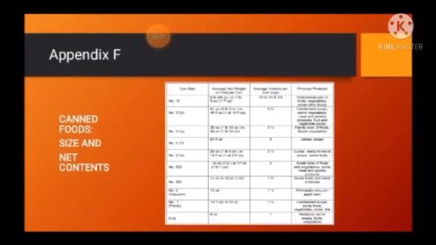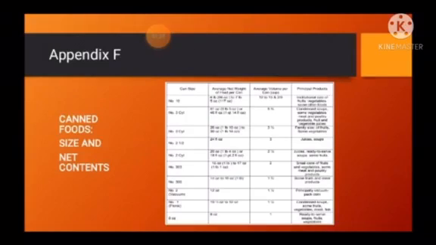Can size number 3 cell: its average net weight of fluid per can is 26 ounces to 30 ounces. Its average volume per can is 3 1/2 cups.